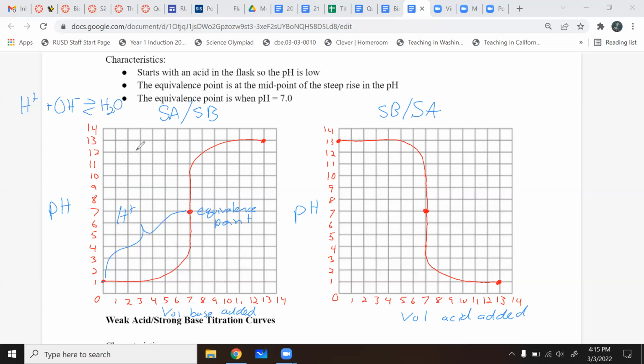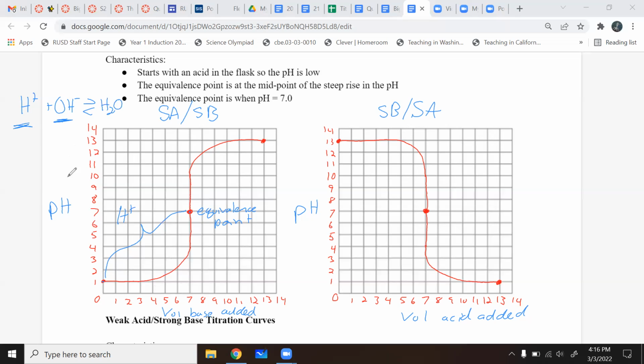That would be our net ionic equation. At this point, we have not yet added enough base to neutralize all of these H plus ions. At our starting point at 0, if you look at the label for this x-axis, that means we've added 0 base.